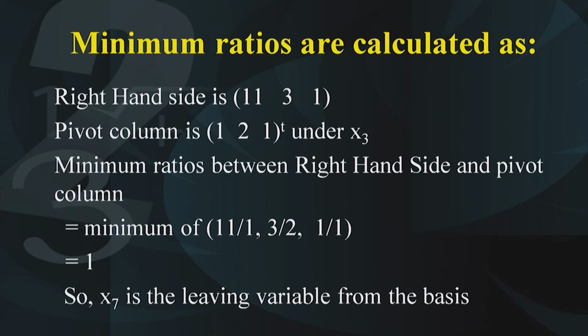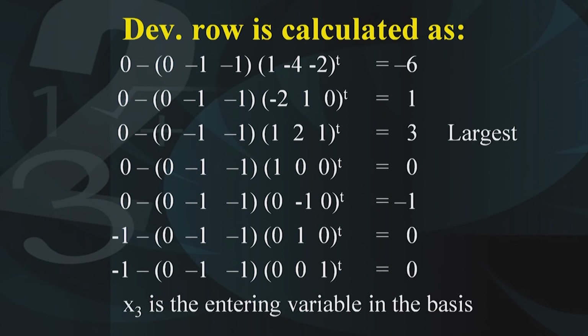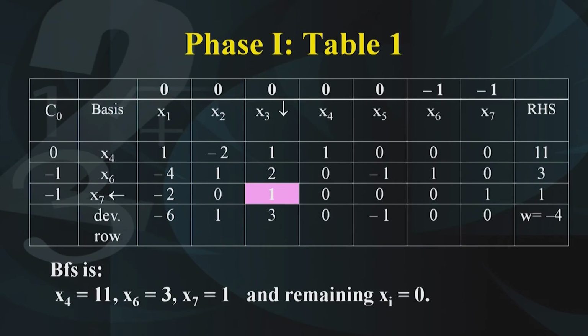So, in the first table we find this cell is the pivot, and this has to be made 1, and the remaining entries in that column have to be made 0 with the help of the elementary row operations that we studied last time. So, that is what we are going to do.